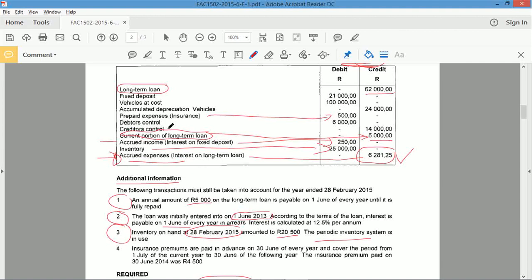Creditors control is going to be looking at the amount that you would have purchased on credit. Here, did they say if you bought on cash or credit? No, they didn't. They didn't say anything about all purchases being made on credit or all purchases being made for cash. The question needs to give you a cost of sales because that will be recorded in inventory, but they didn't.